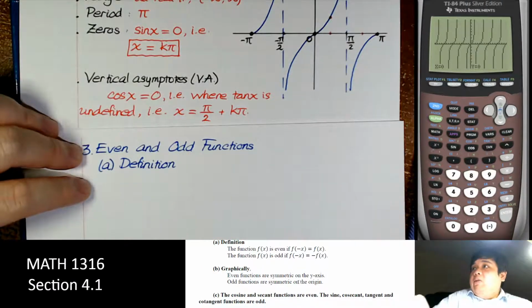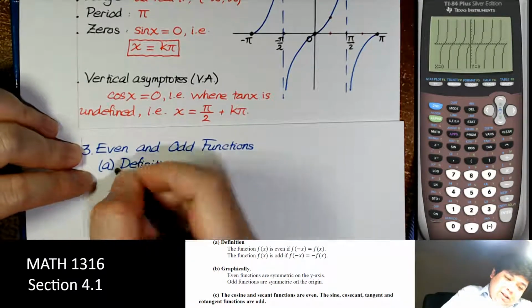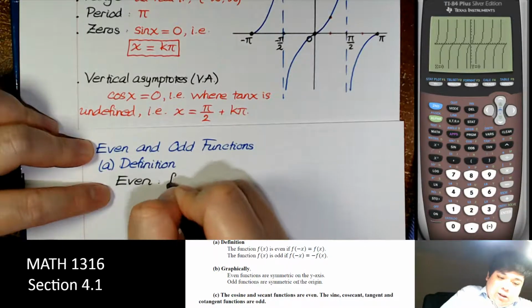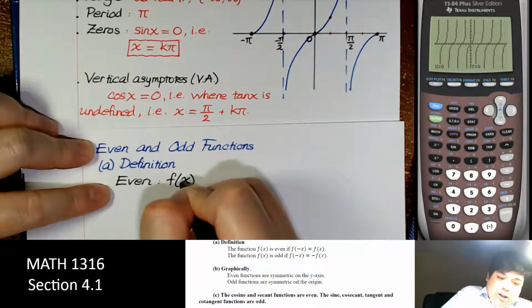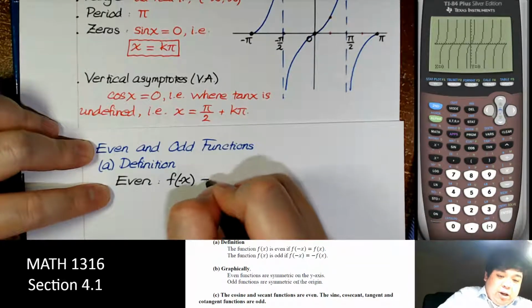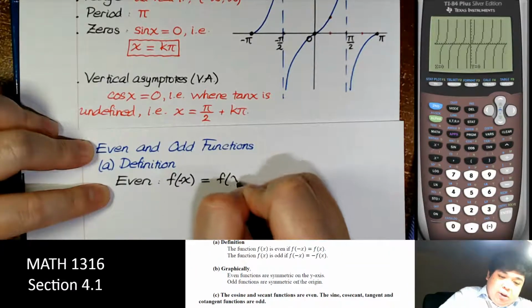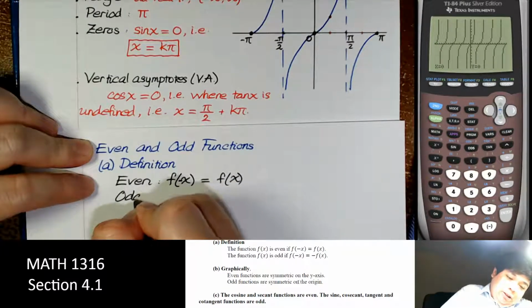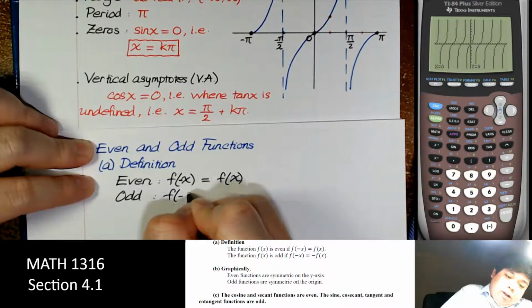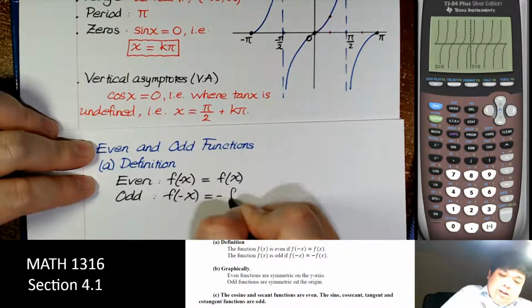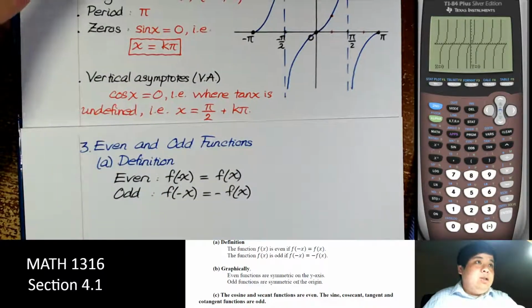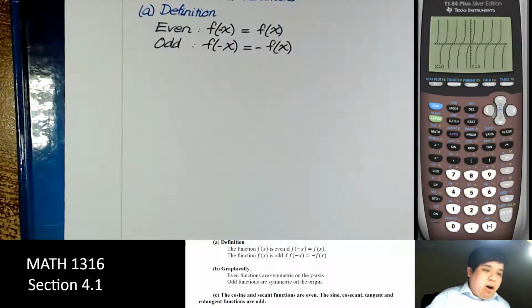We define a function that is even where the function of the opposite of a number is the same as the function of the positive number. That's where it's even. And the function is odd when the function of a negative is the negative of the function. Right. So that's how we define it in college algebra.